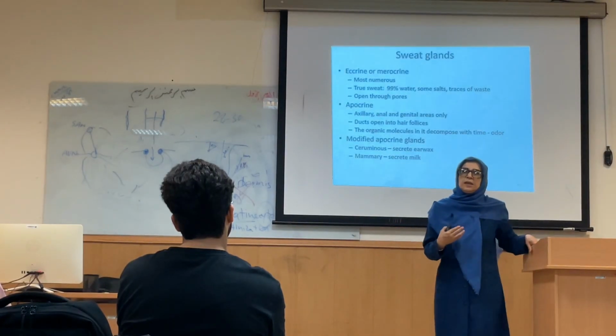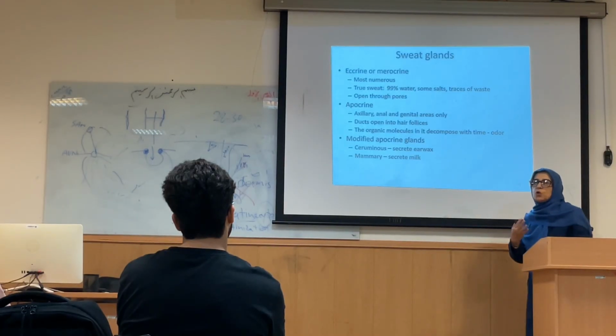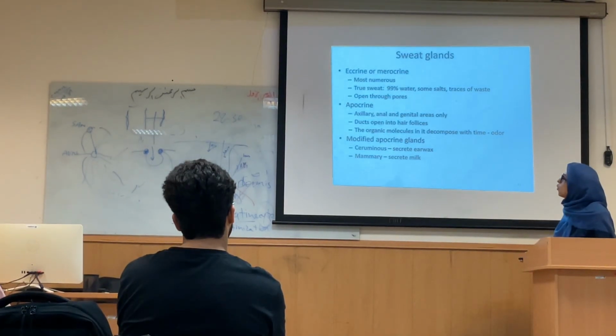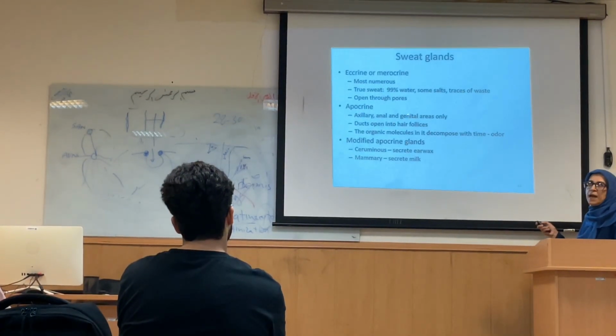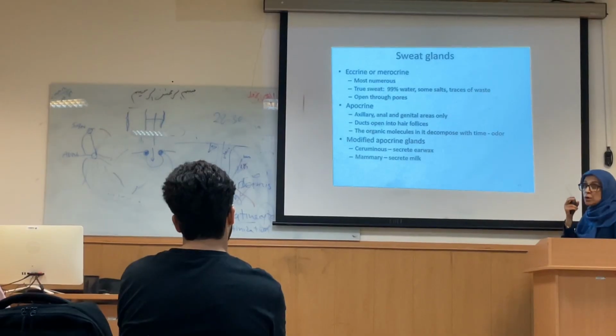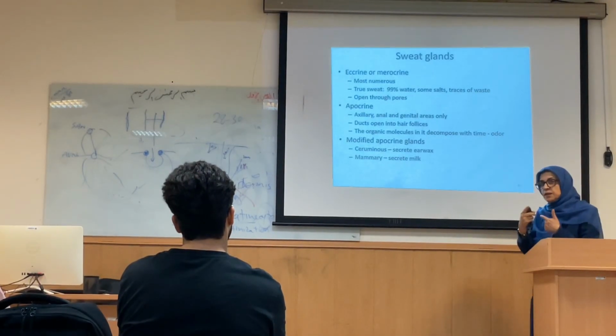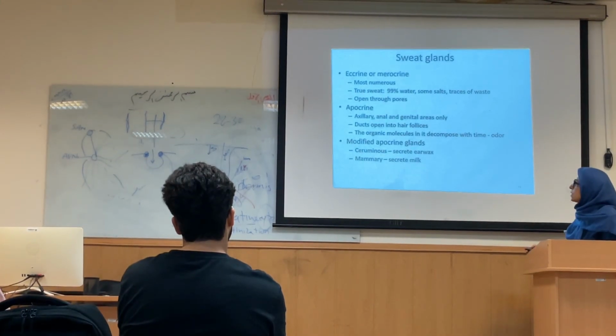Their activity starts at puberty, and they are controlled by sexual hormones. Also, their ducts open into the hair follicles in the axillary or genitalia part. Their products also have odor molecules and are involved in sexual activity in humans and other animals.